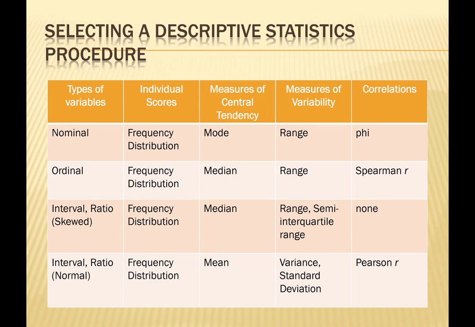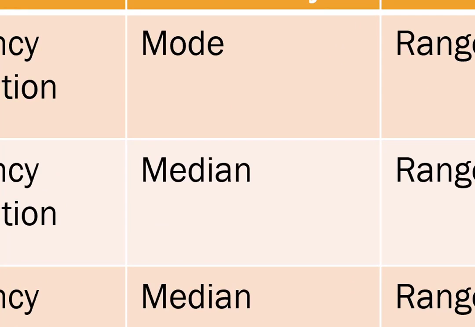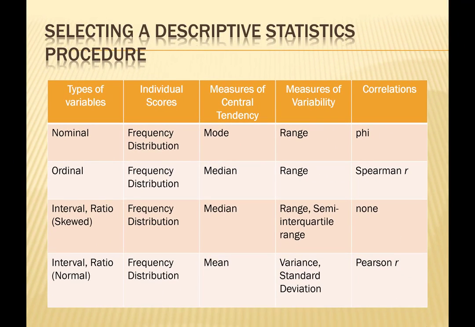So going back to this table as a roadmap for us, we've talked about frequency distribution and measures of central tendency, where we talked about mode, median, and mean, and how we use different types of averages based on different types of data: nominal, ordinal, interval, or ratio.